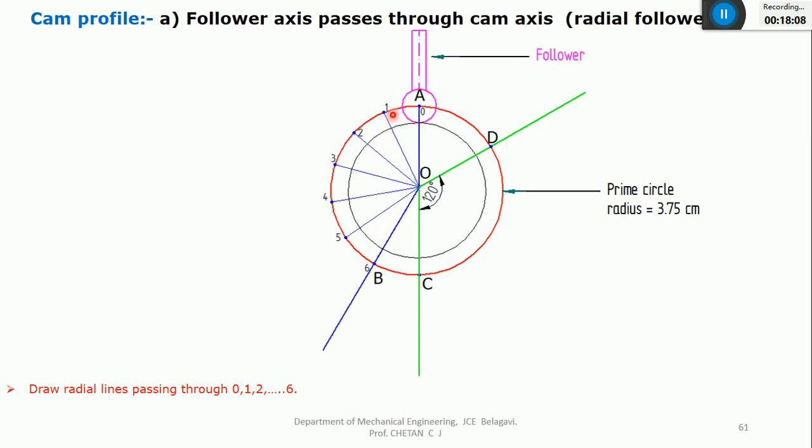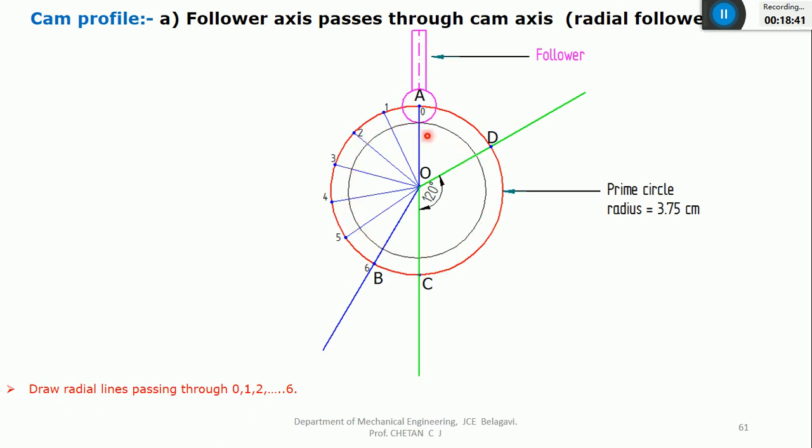And you can see I have indicated all these points, that is 1, 2, 3, 4, 5, 6, on this prime circle only. But in case of a knife edge follower, you indicate the numbers 1, 2, 3, 4, 5, 6 on the base circle. That is the only difference. Remember, because I need the centers of these circles. In case of a knife edge follower, directly the edge of the follower is in contact with the base circle.